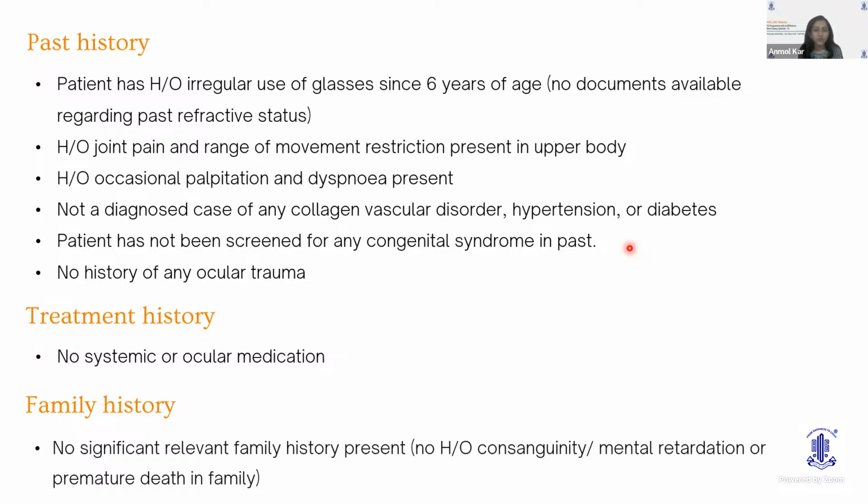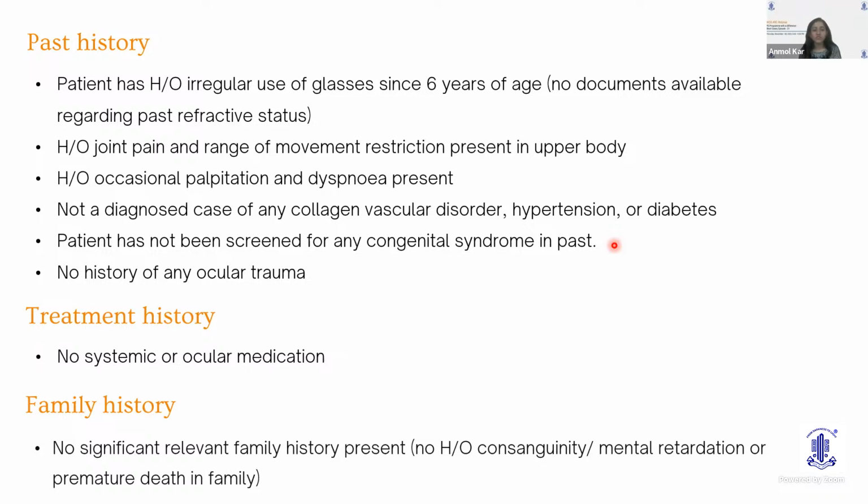There was a history of occasional palpitation and dyspnea. He was not a diagnosed case of any collagen vascular disorder, hypertension, or diabetes. The patient has not been screened for any congenital syndrome in the past, and there was no history of any ocular trauma. In the treatment history, currently the patient is not on any systemic or ocular medication.